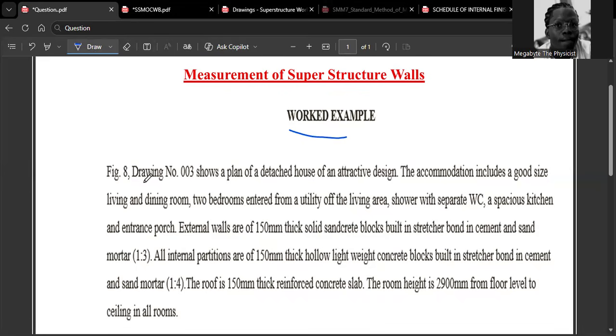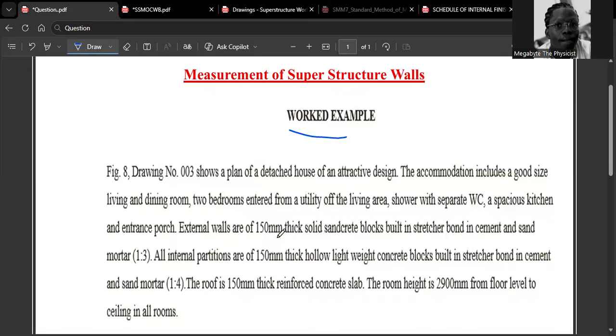Figure 8, drawing number 3, shows a plan of a detached house of an attractive design. The accommodation includes a good-sized living and dining room, 2 bedrooms entered from a utility of the living area, a shower with separate WC, a spacious kitchen and entrance porch.